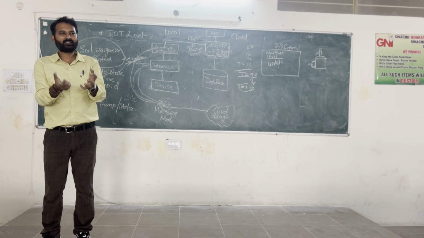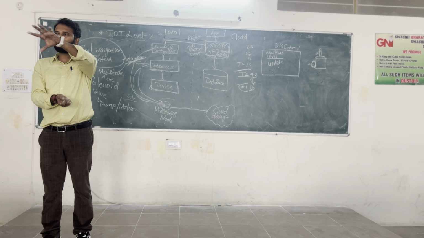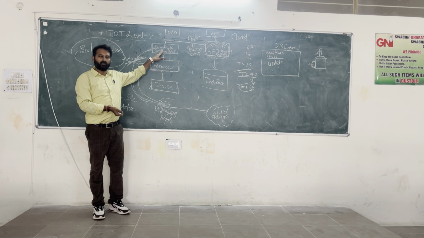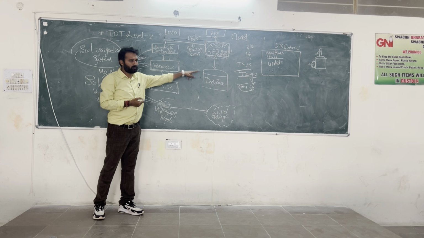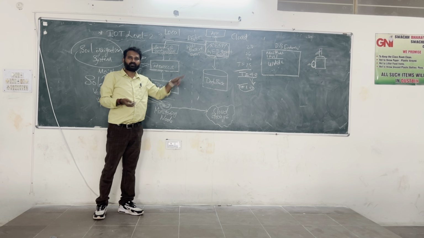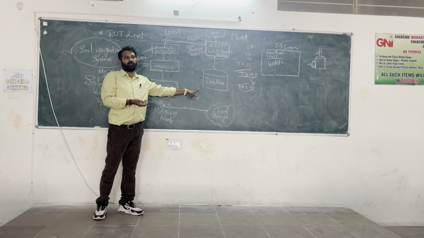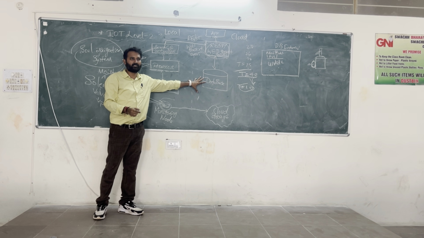If that moisture level becomes low, dry, it will send to whom? That data will be collected by whom? Controller service. Your controller service is collecting the data and it will feed to whom? Database. Your controller service is retrieving the data that can update the data. What kind of data? Moisture level. And the developer will set a threshold value to 40, 50, whatever it is.